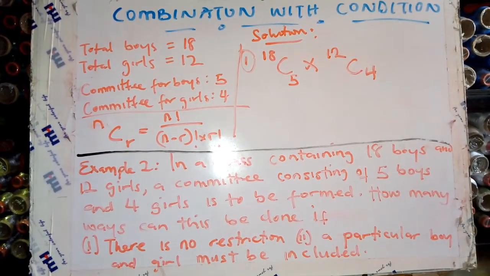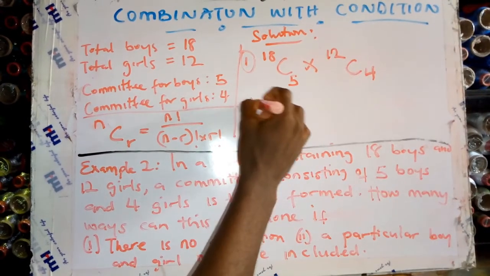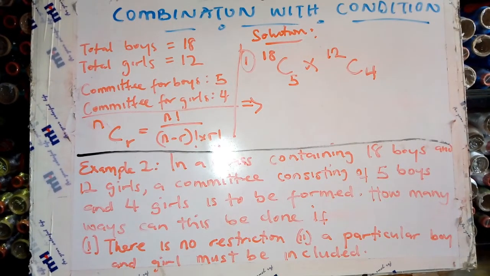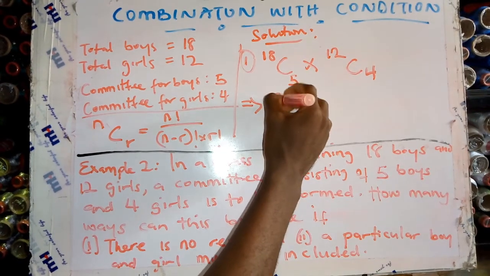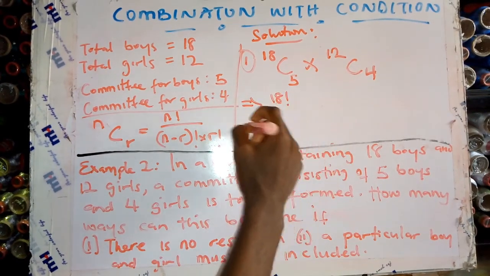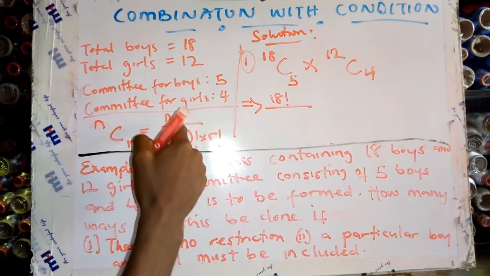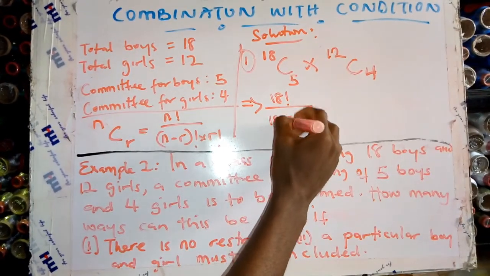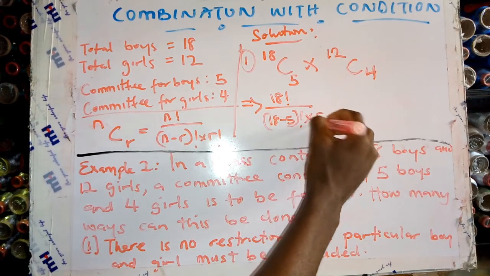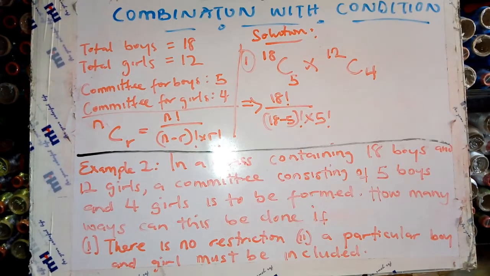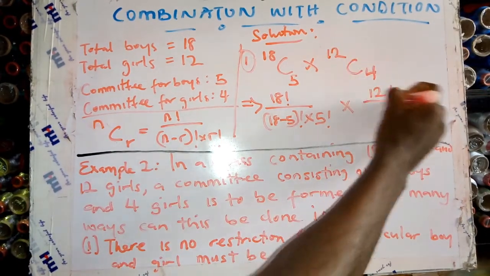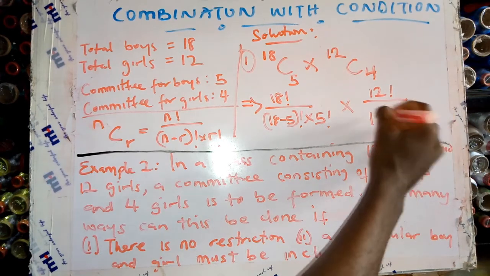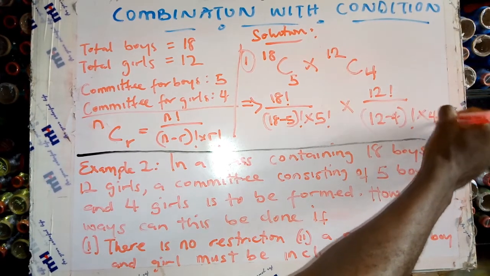Now, simplifying 18 combination 5, applying this formula, will be 18 factorial over 18 minus 5 factorial times 5 factorial. Then multiply by 12 factorial over 12 minus 4 factorial times 4 factorial.